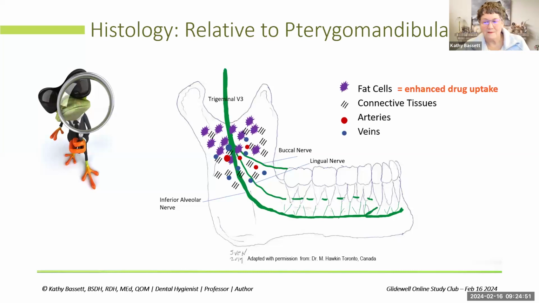So the presence of these fat cells favors lipid solubility and the behavior of neutral base ions to be able to actually move efficiently through nerve membranes. So at this level, we actually have an enhanced diffusion through nerve membranes. And that is going to result in a faster onset and better anesthesia when administrations are at that higher level.